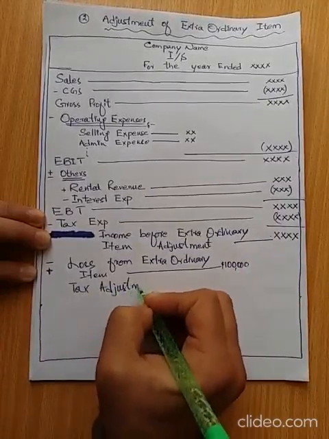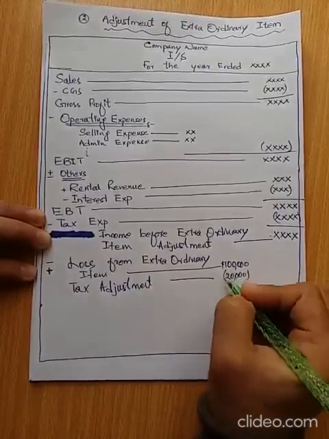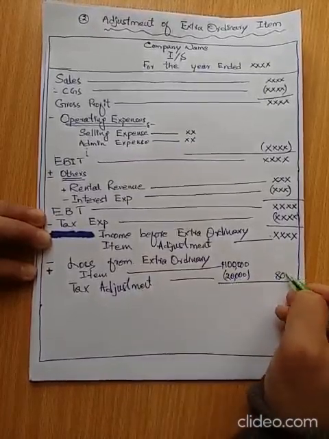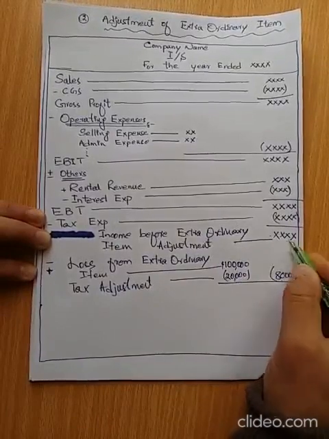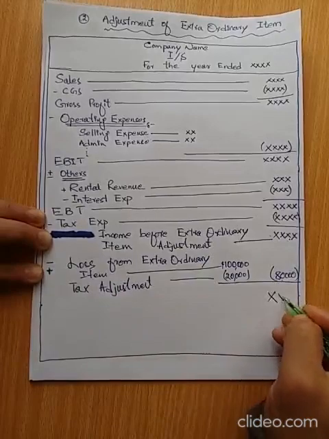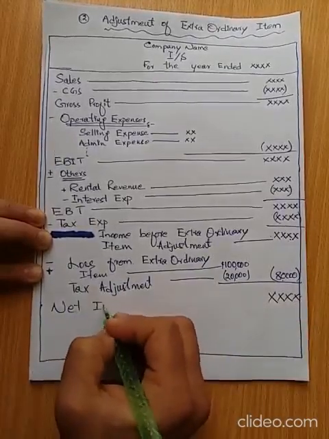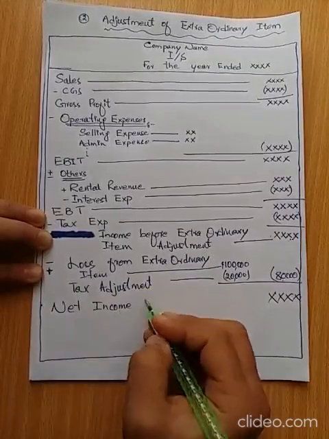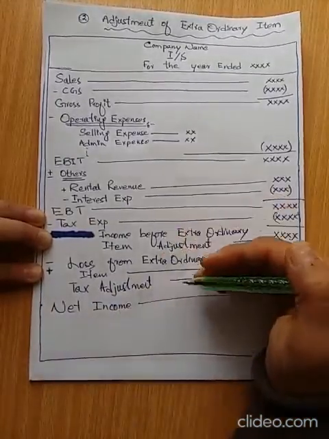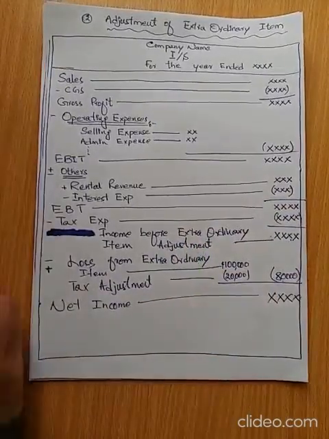In our country the tax percentage is 20%, so $20,000 would be adjusted. The remaining $80,000 will be subtracted, because it is a loss, and the remainder that we get would be called the net income. So if you see here, I followed the same process as discontinued operation, only with the wording changed to extraordinary item. Okay.